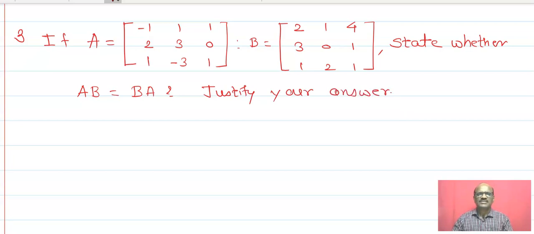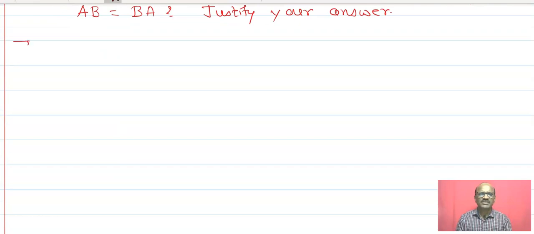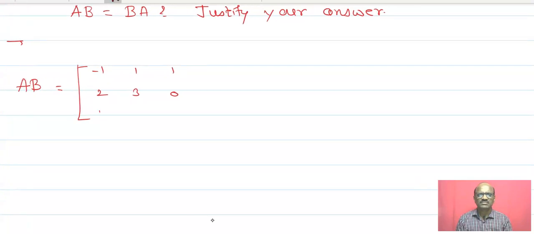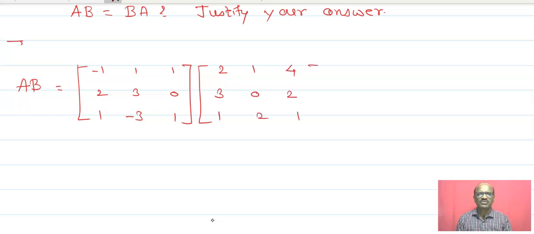Now see this, for the matrix multiplication, both of them have the same order, and the order of AB will be 3 by 3 and the order of BA will also be 3 by 3. Now first AB: [minus 1, 1, 1; 2, 3, 0; 1, minus 3, 1] into [2, 1, 4; 3, 0, 2; 1, 2, 1].